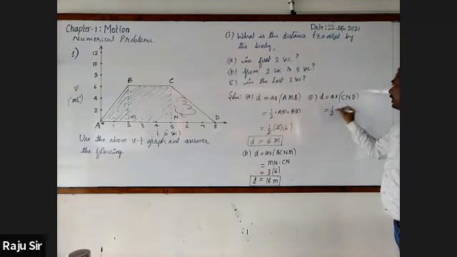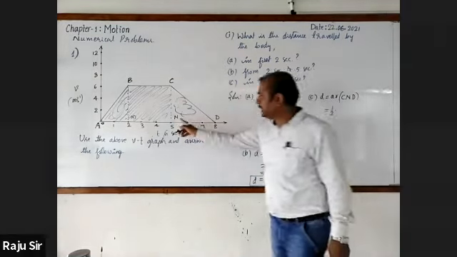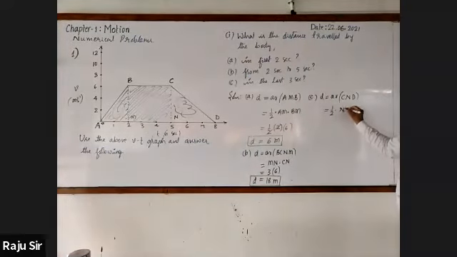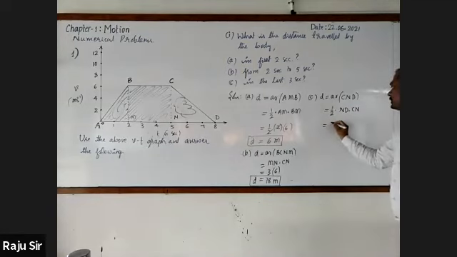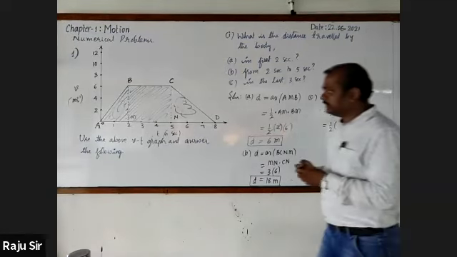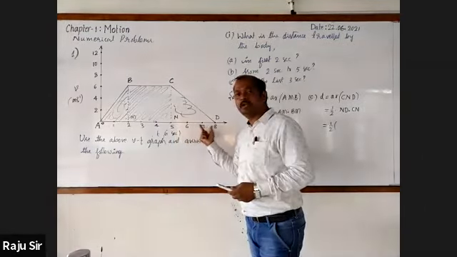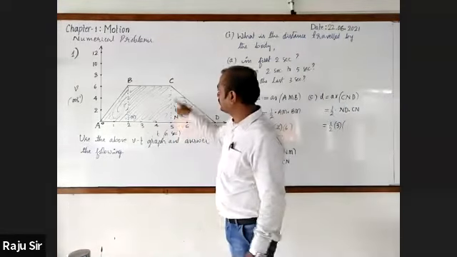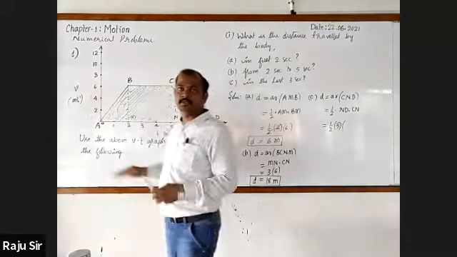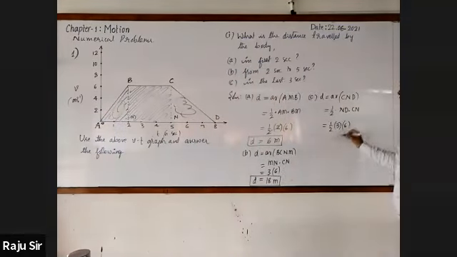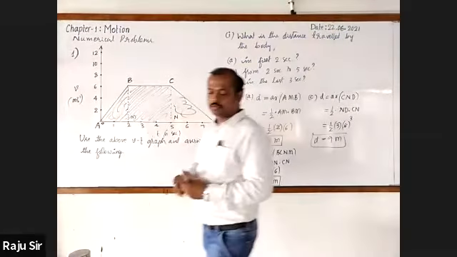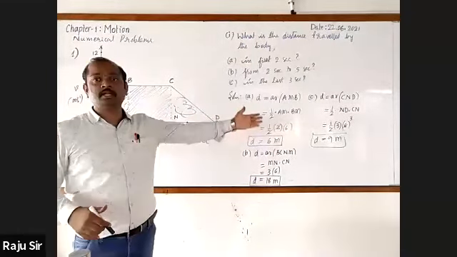It is equal to half into base. Base is ND, height is CN. ND into CN. This is equal to half into, where ND is 1 unit, 2 units, 3 units. 3 units. And CN from N to C is 6 units. Into 6. You may cancel it. 3 threes are 9. 9 meters. So this is the distance covered in the last 3 seconds.